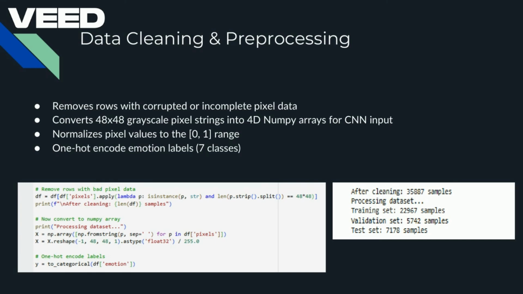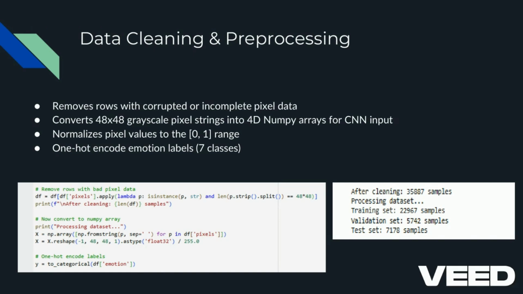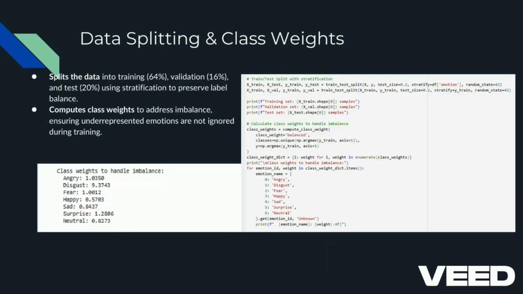Then we normalize the pixel values to a range of 0 to 1 by dividing them by 255. This just makes the training more stable and faster. And finally, we one-hot encode the emotion labels into 7 categories, which basically just turns them into the format the model can understand for classification purposes.